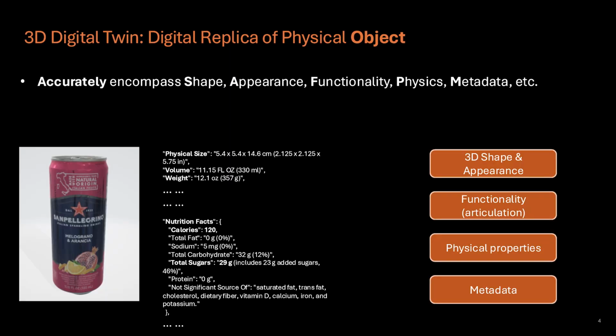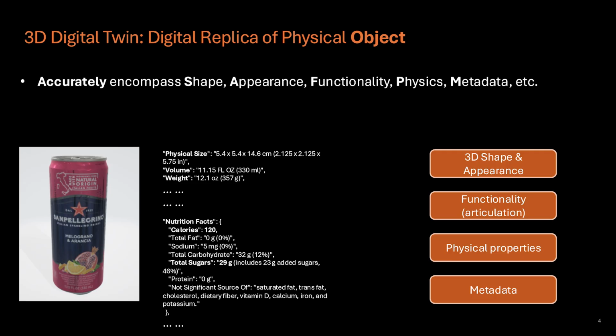Moving further, objects in the real world have weight, physical size, center of mass, all this kind of physical property. And moving further, for example, the drink I show here also has something we call metadata, such as nutrition facts and total calories, all this kind of information. All these are properties of your physical world object.